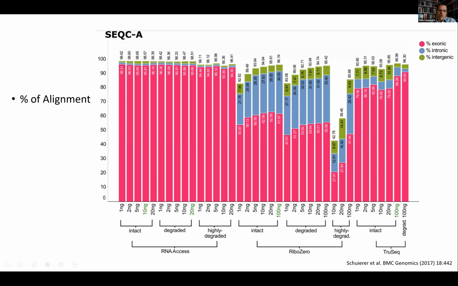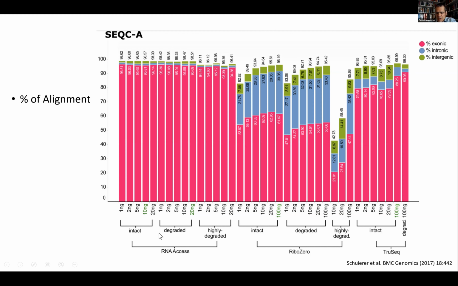So they extracted the RNA and enriched it with these three different approaches, using samples from intact to highly degraded, many FFPE samples. And we can see here that both for intact or highly degraded RNA, we map a lot more to exons when we hybrid capture than when we do ribosomal depletion or poly-A enrichment.